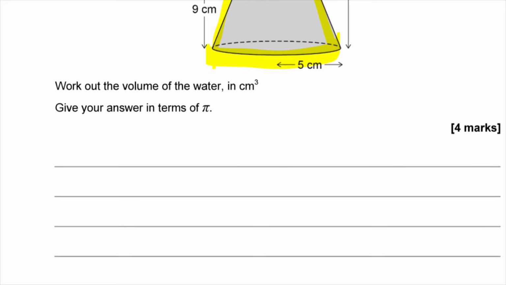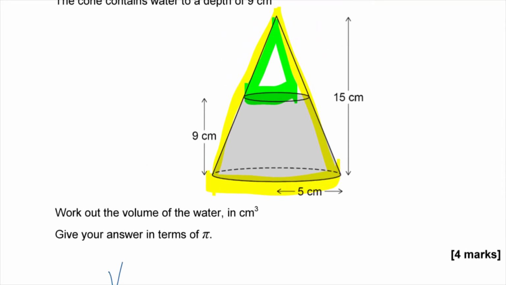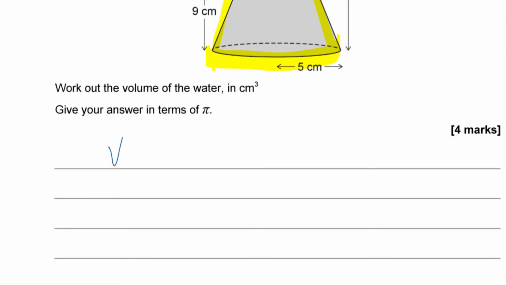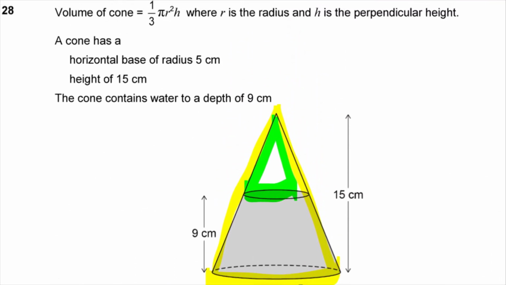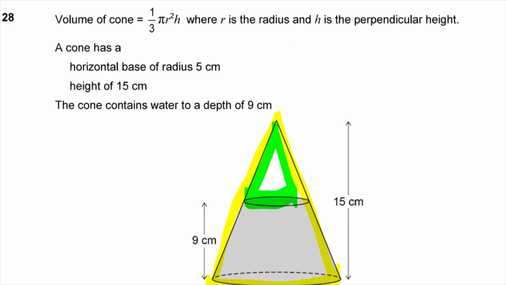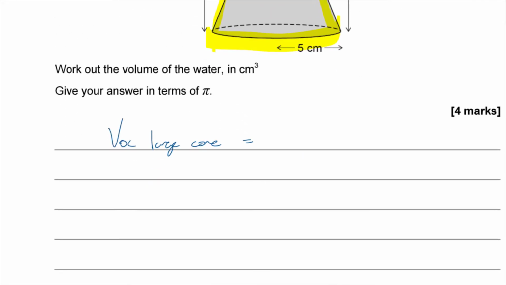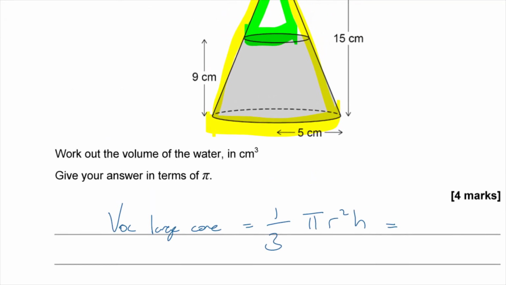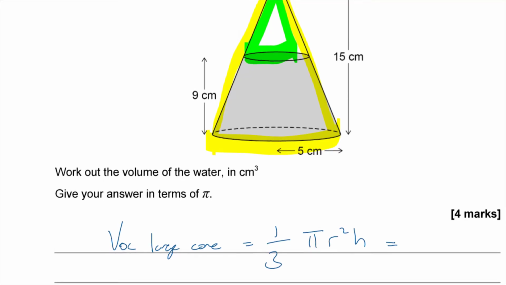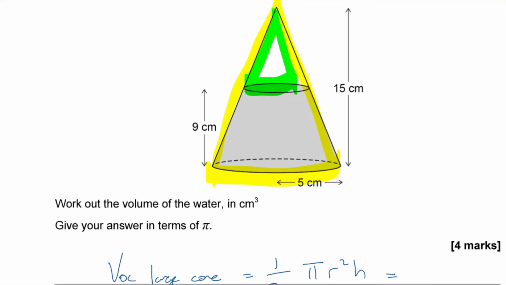So the volume of the large cone is going to be 1/3 of pi r squared h. In this case, the big cone has a radius of 5 and a height of 15.